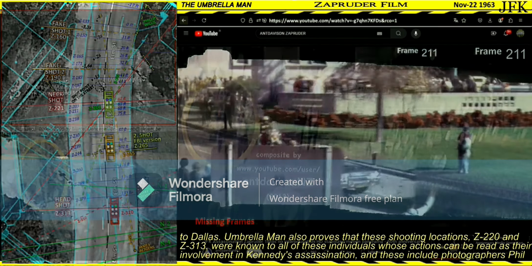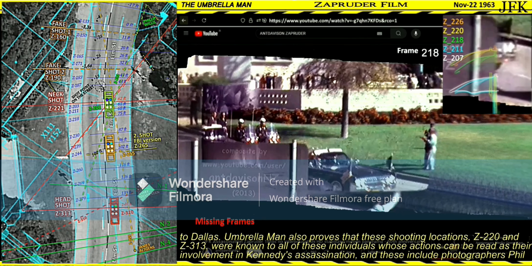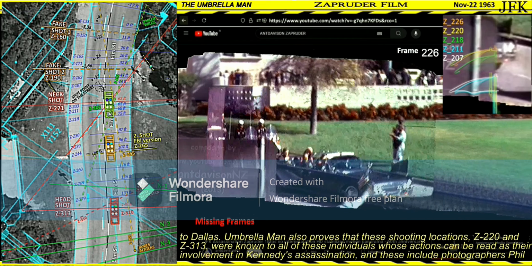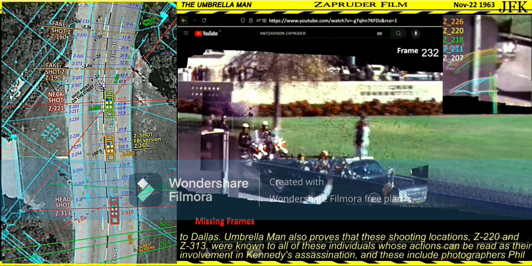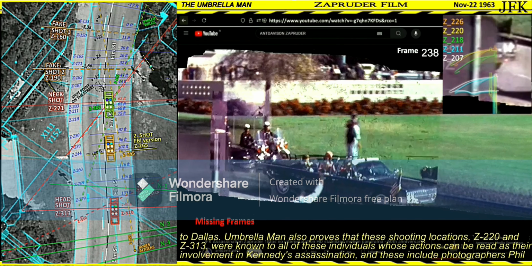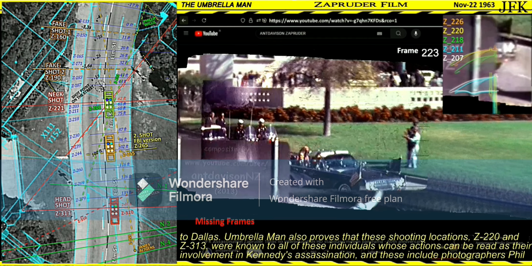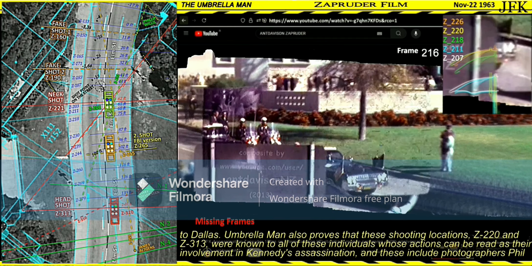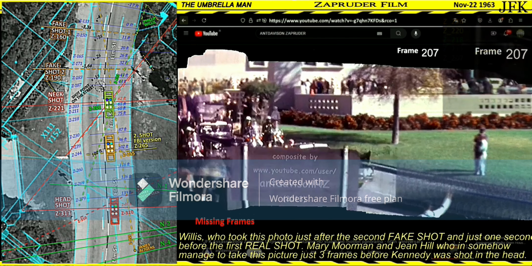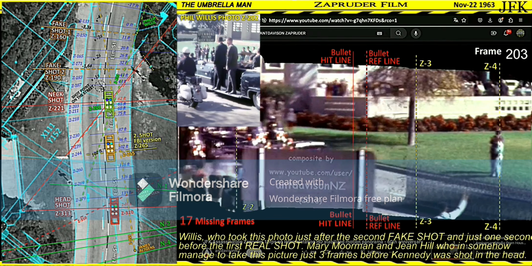Umbrella Man also proves that these shooting locations, Z220 and Z313, were known to all of these individuals whose actions can be read as their involvement in Kennedy's assassination, and these include photographer Phil Willis, who took this photo just after the second fake shot and just 1 second before the first real shot.